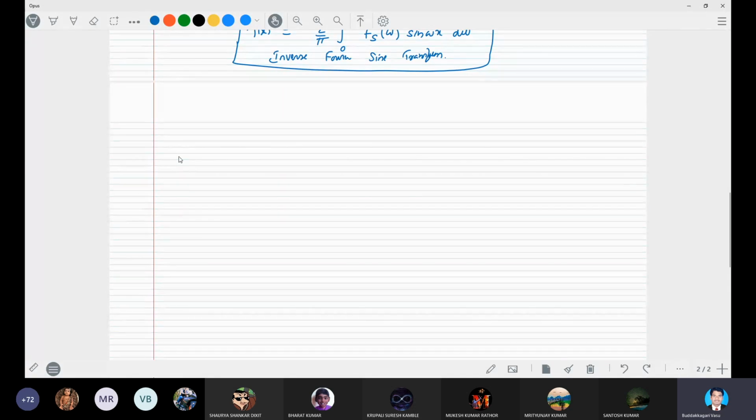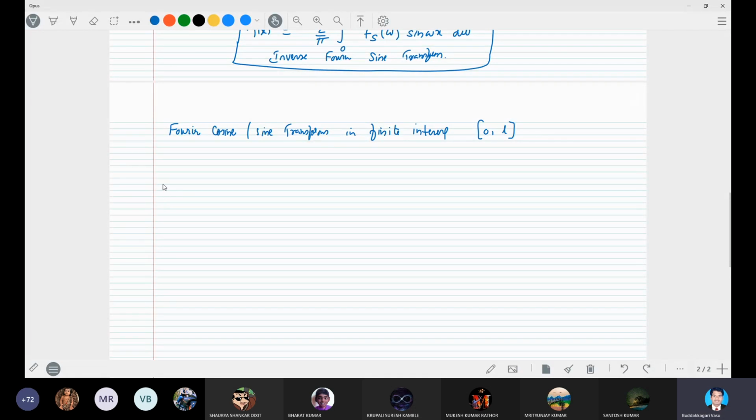We can define the Fourier cosine and sine transforms in the finite interval, say 0 comma L. Where it was 0 to infinity, now it will be 0 to L.